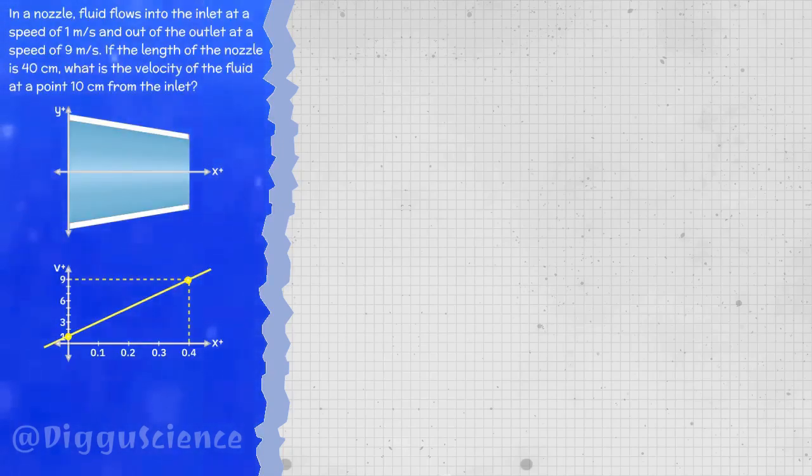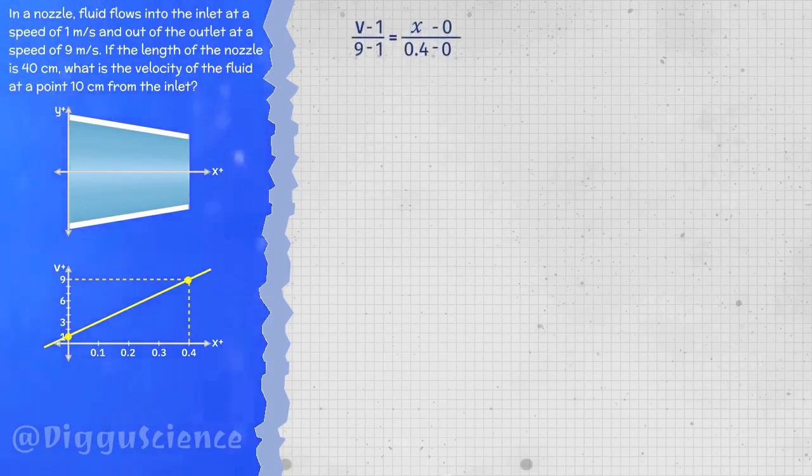Well, this straight line equation is a velocity equation. We can use the concept of a straight line equation that passes through 2 different points. This equation can be written as follows: v minus 1 is equal to 20x. From here, v is equal to 20x plus 1.